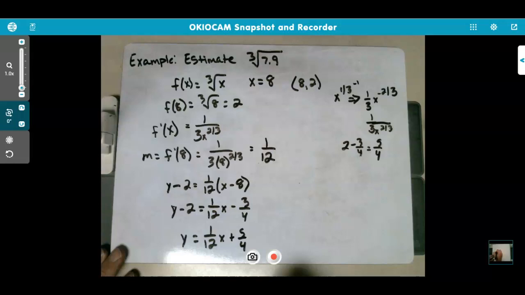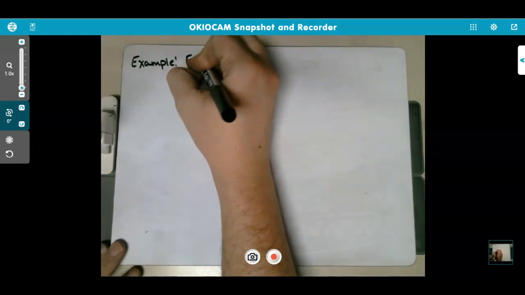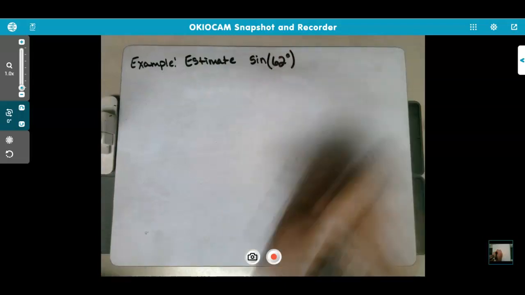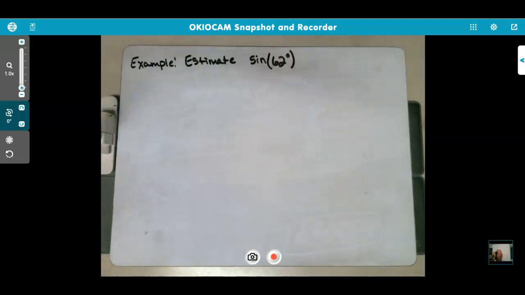All right, another example. Let us estimate the sine of 62 degrees. So first things first, when we reviewed trig at the beginning of this class, we said we always want this stuff in terms of radians, okay?